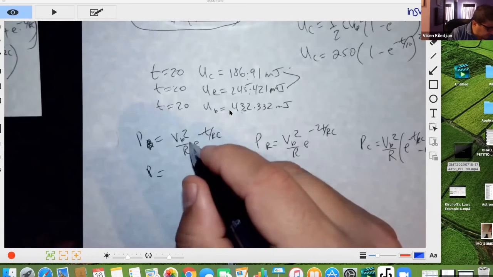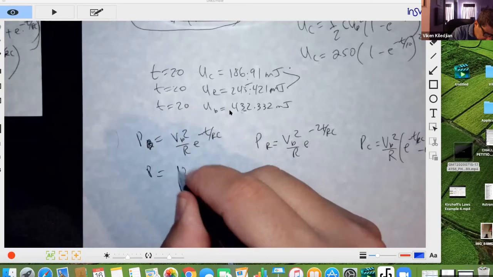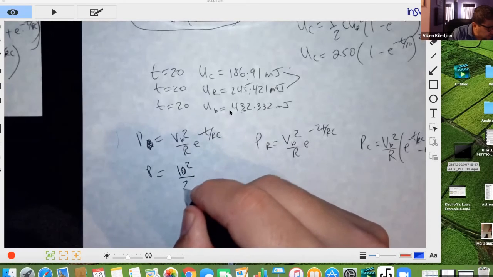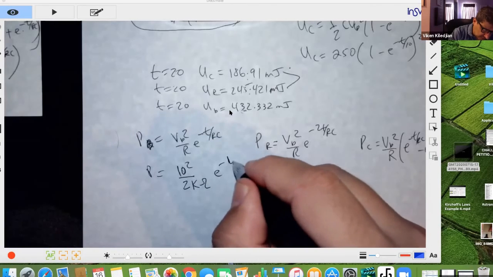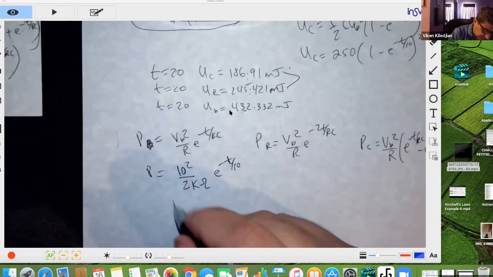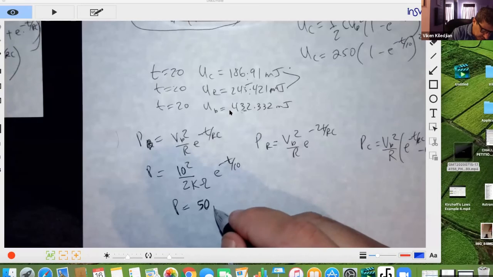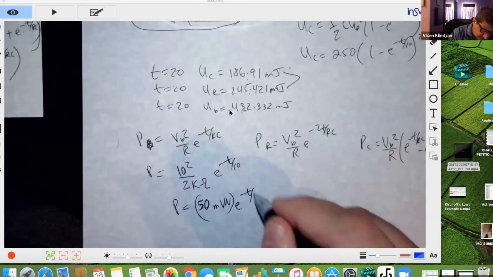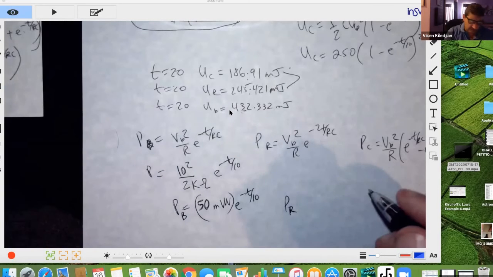In my case, the voltage of the battery is 10, squared, over a resistance of 2 kilo ohms, e to the minus T over 10. This is 100 over 2, that's 50, and I'm going to record it in milliwatts.